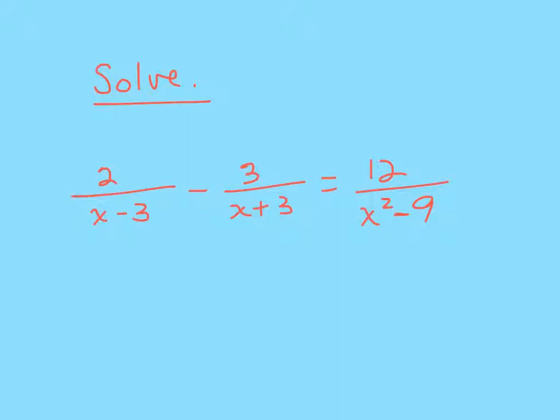Okay, so what's the strategy for solving a rational equation? Our strategy is this, so I want you to actually put this on your paper. Our strategy is to clear the denominators.